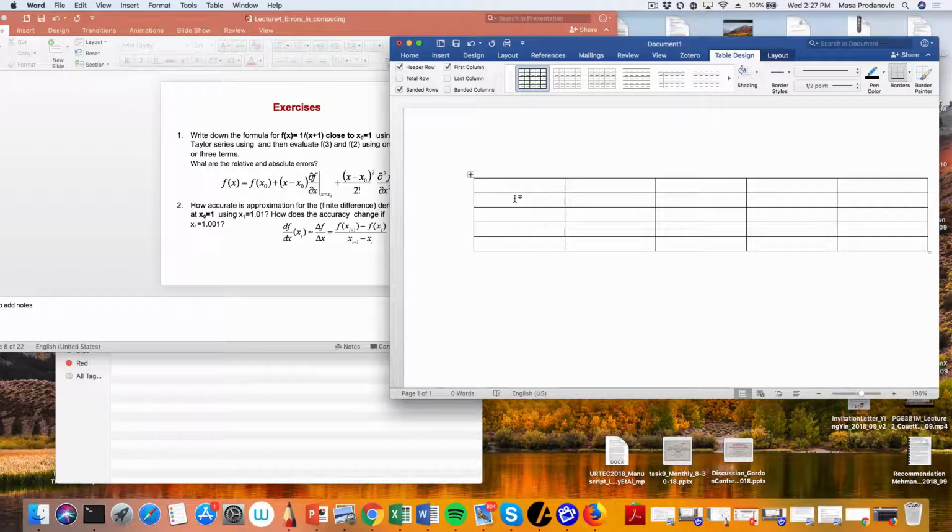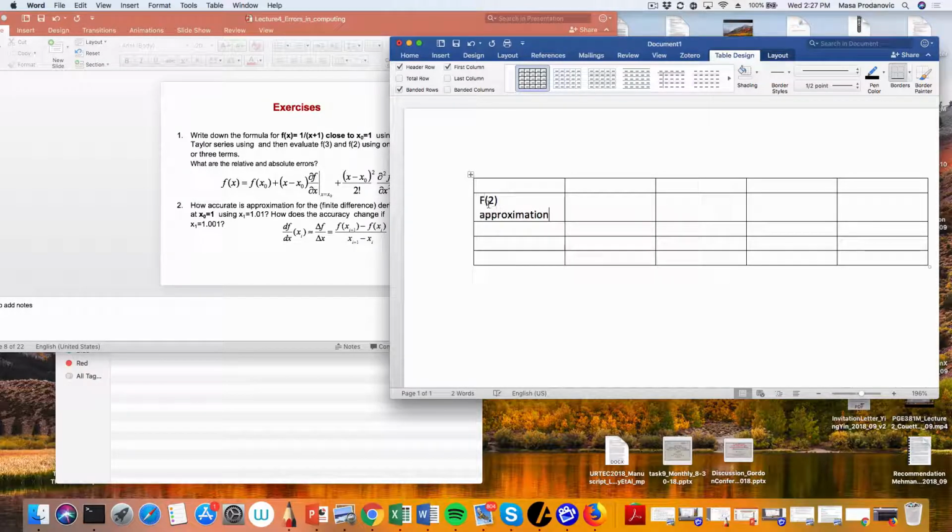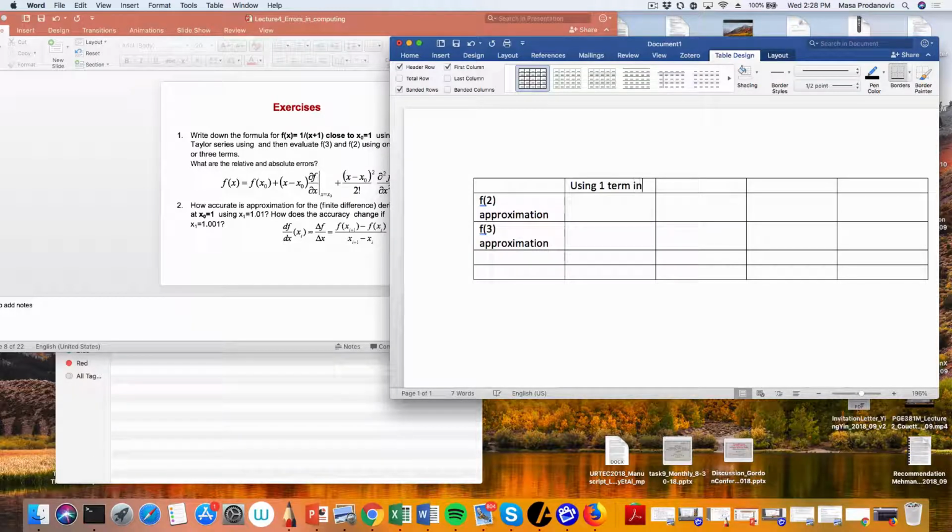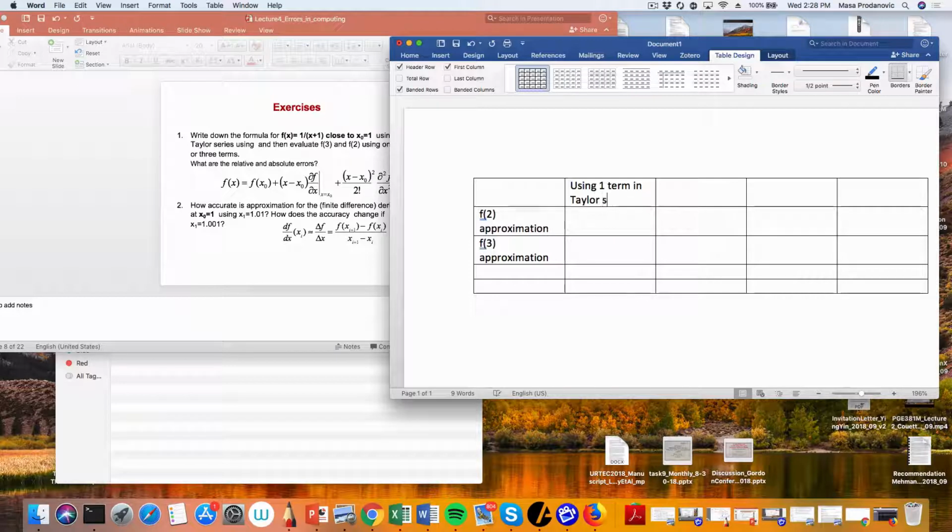I want you to compute the f of 2 approximation, and this is f, and the f of 3 approximation, using 1 term in the Taylor series, using 2 terms, using 3 terms.